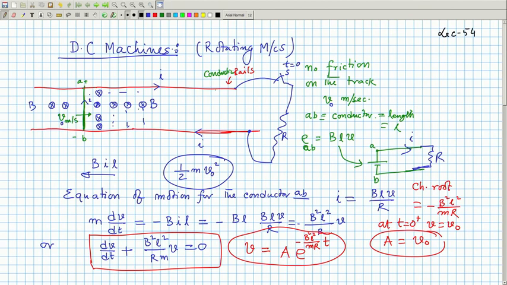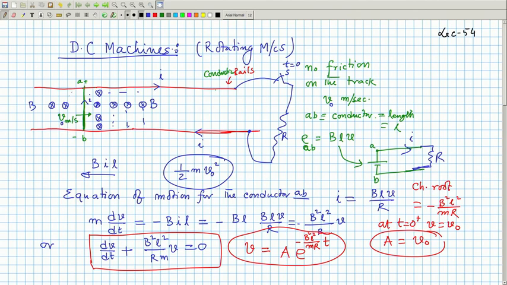So, we applied the right hand rule, and we know that there is a B and a V naught, they are at quadrature, therefore there will be some induced voltage across the conductor AB, and the upper side will become plus and the lower side will become minus.